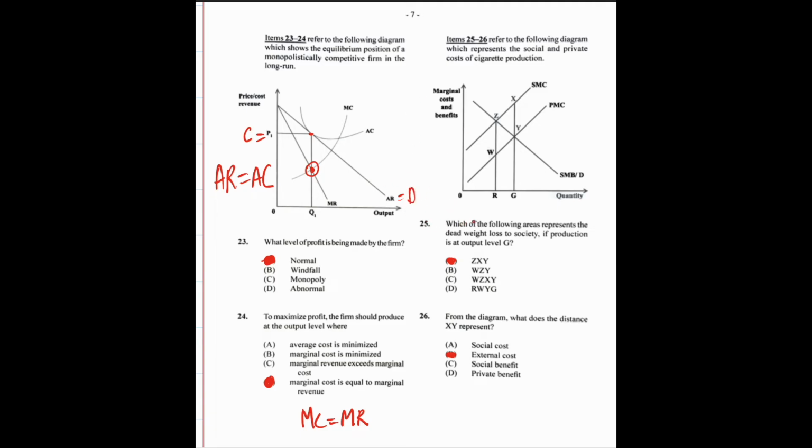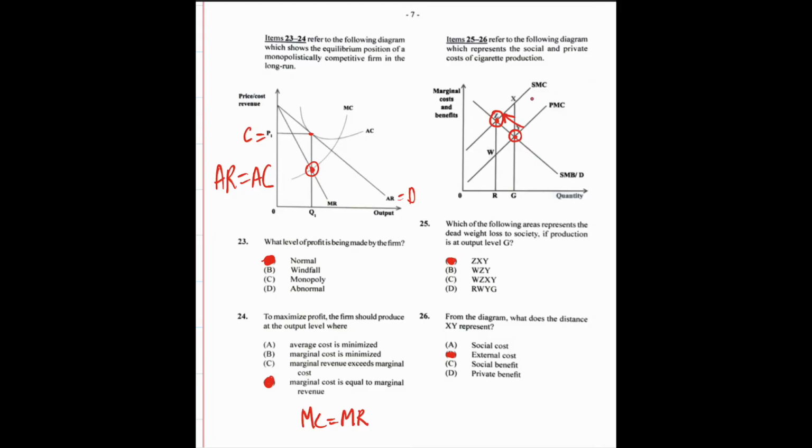Moving on to 25, it says, which of the following areas represents the deadweight loss to society if production level is at G? So remember, we always look for the optimum. That's where SMC is equal to SMB right here. And then we find that we're producing at output level G, which is right here. Right? And we're essentially trying to get to here.